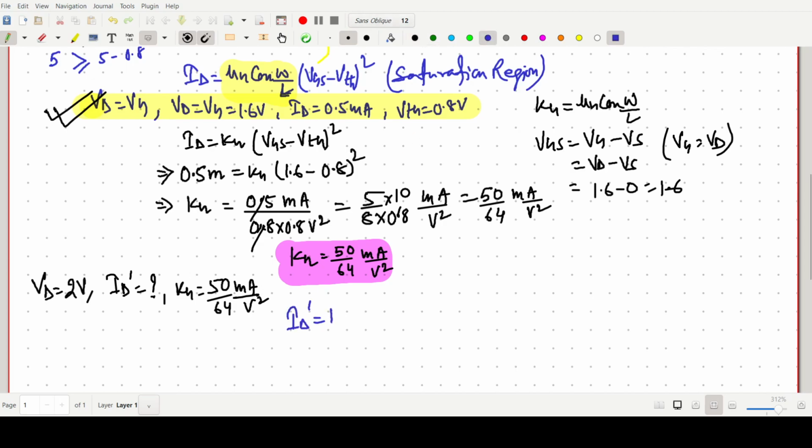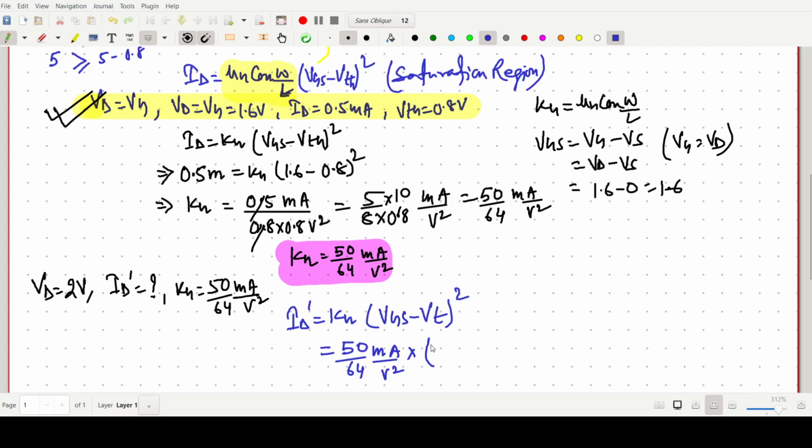So we can write simply, for the same type of MOS transistor, we are taking the transconductance as the same. So again this should be VGS minus VT whole square. Simple. Now 50 by 64, I am writing milli ampere; volt square no need to write, or if you want to write you can write, into VGS.